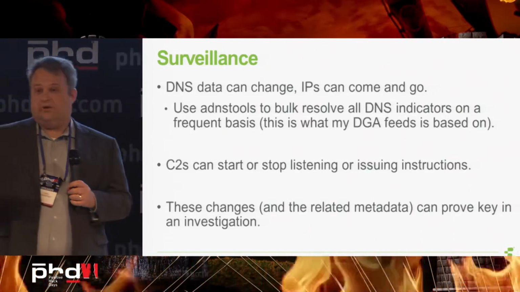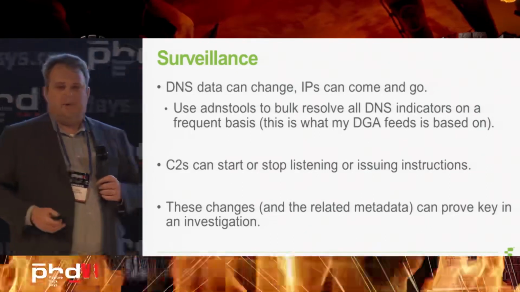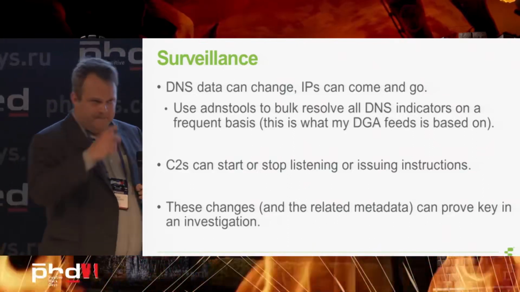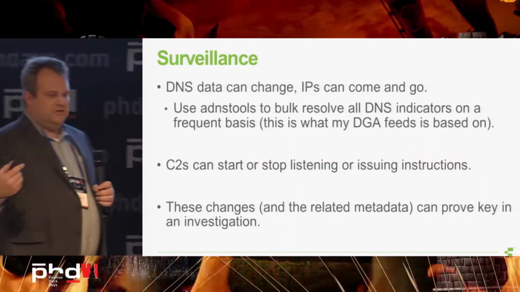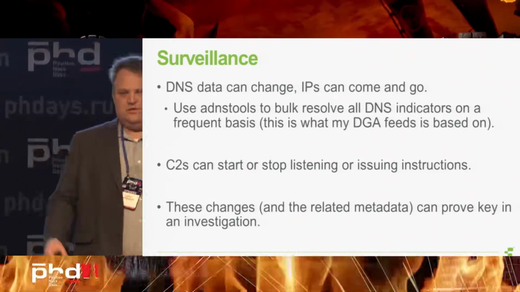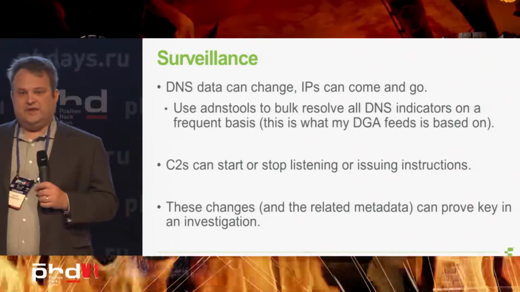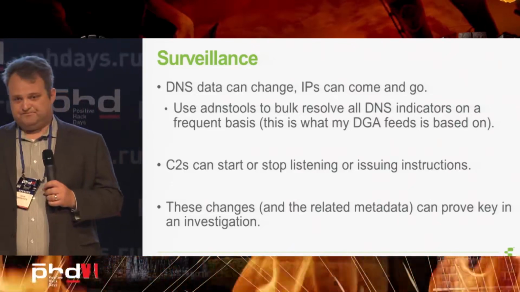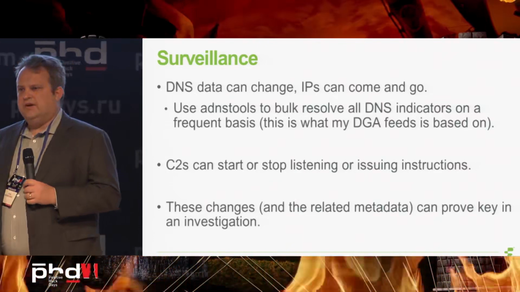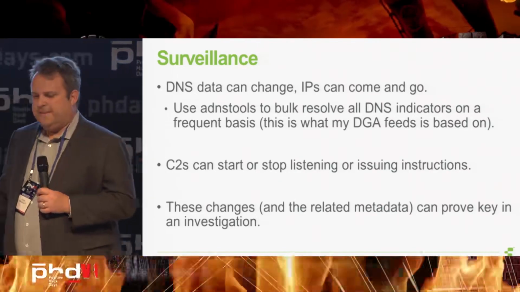IP addresses also can come and go because boxes get suspended or use of compromised domains or whatever it is, right? So either with DGAs or with malware configs, you can use ADNS tools, asynchronous DNS, to just bulk resolve this stuff, you know, every hour or 30 minutes, and then just look for changes, right?